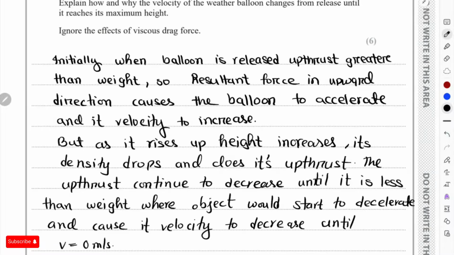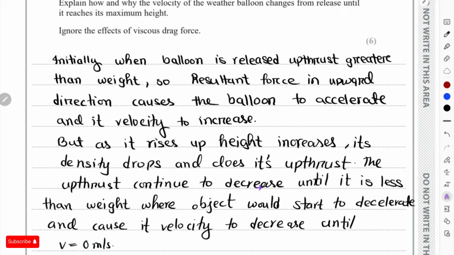So this is the final answer, where we have written that initially when the balloon is released, upthrust is greater than weight. So the resultant force is in the upward direction, which causes the balloon to accelerate, and its velocity increases. But as height increases, the density would drop, which also causes the upthrust to decrease.